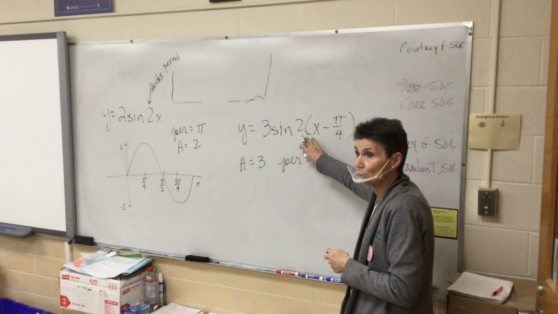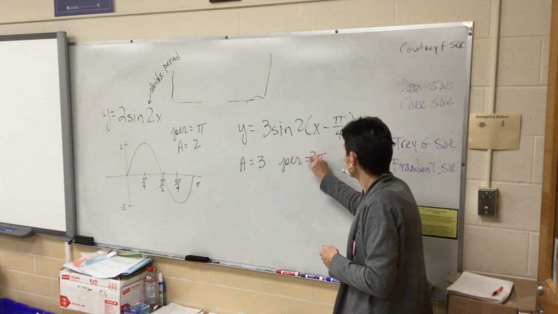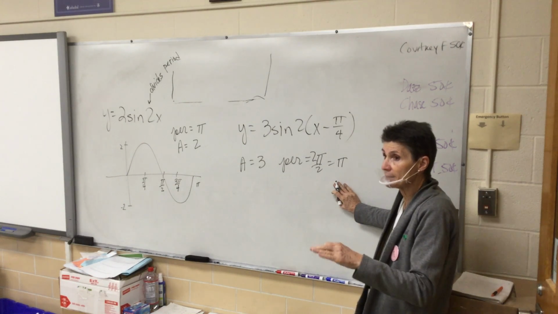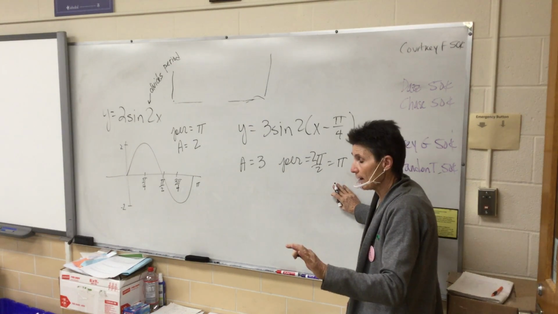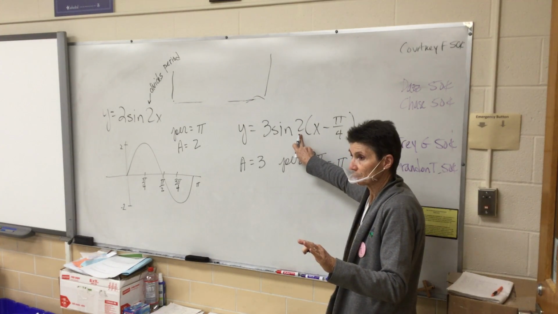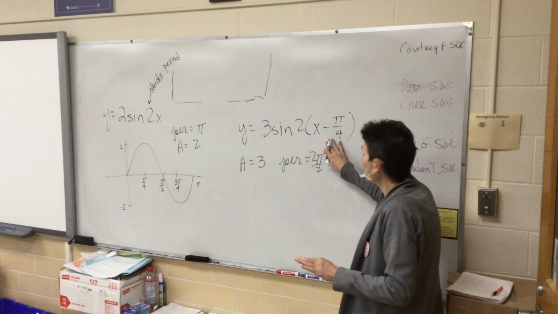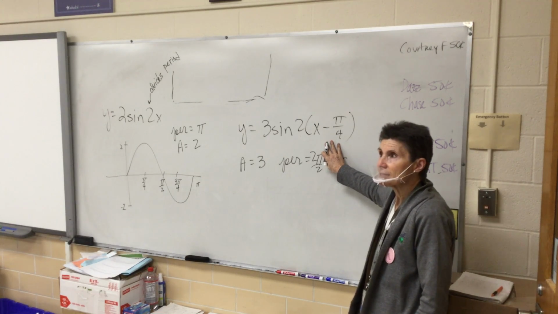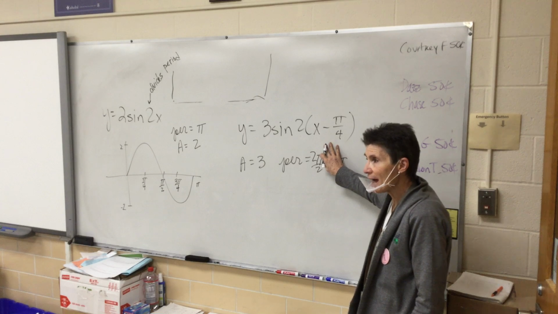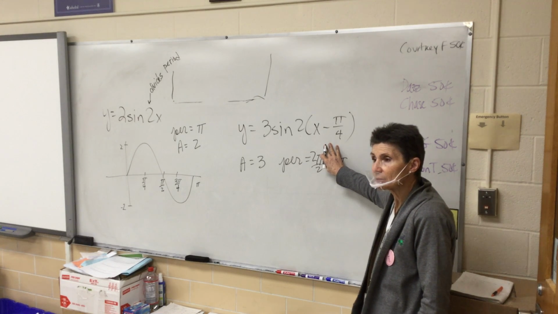2 pi over 2. It was one of those rare spots where the quality of the term really shines. The period of a sine always starts out 2 pi. Then this will change it. Now, what about that? It's a subtraction on the x. What does that do to my picture?